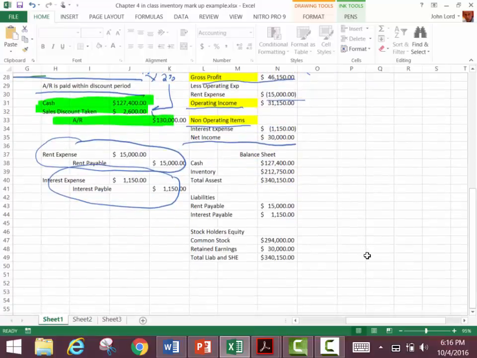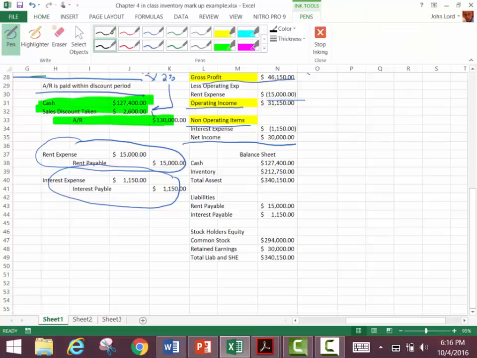I didn't show you the statement of stockholders' equity, but of course, we could do that right here. Why don't we just write that in? That's a good exercise. What's my statement of stockholders' equity going to look like? Statement of retained earnings, I guess, is a better way to put it. What's the beginning balance? The beginning balance is 0.